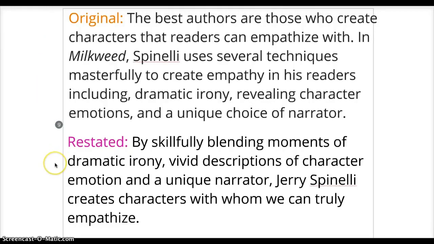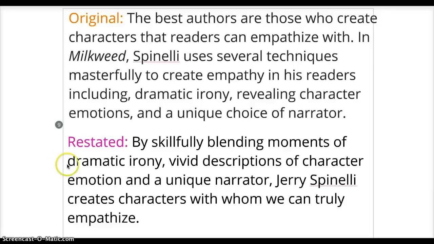This is the first sentence of my conclusion paragraph where I restate my thesis. By skillfully blending moments of dramatic irony, vivid descriptions of character emotion, and a unique narrator, Jerry Spinelli creates characters with whom we can truly empathize. Do you see how similar they are? But it's a bit of a shift.